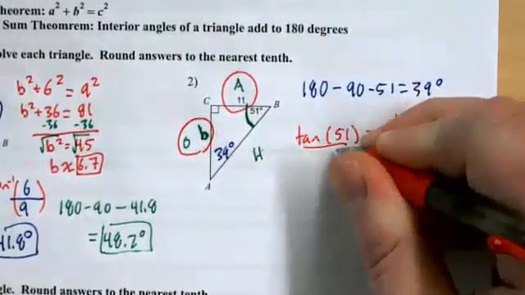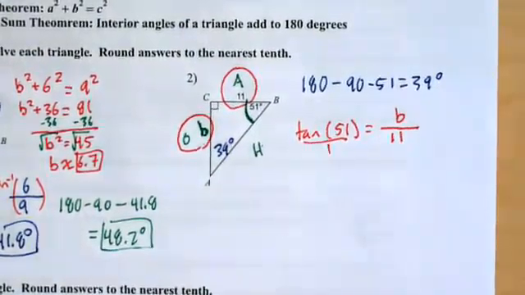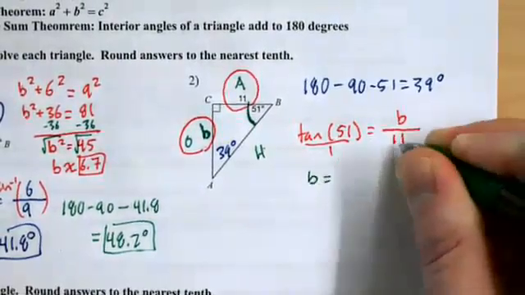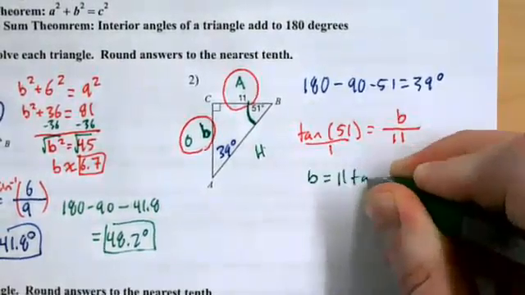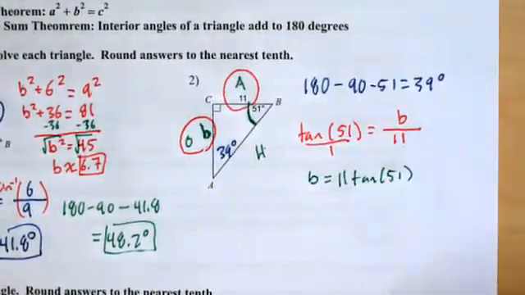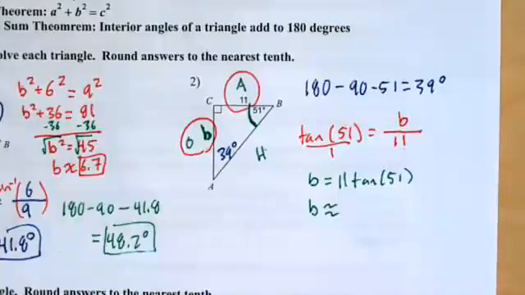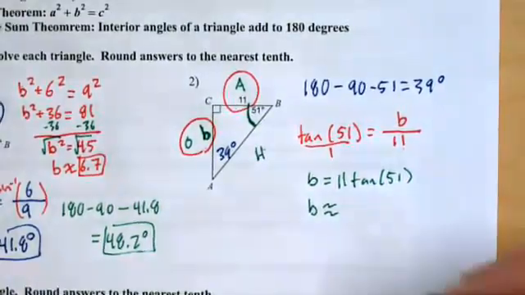So we'll put this over top of 1, and we'll cross multiply and solve for b. So 1 times b is b. 11 times tangent 51 is, I don't know. We'll let the calculator tell us that. My calculator is coming up with about 13.6.